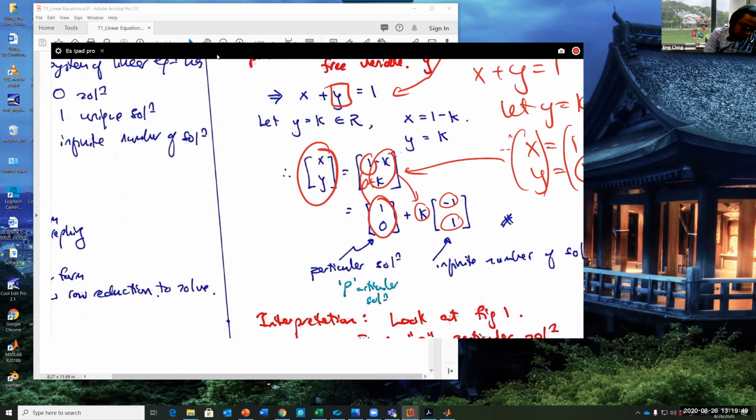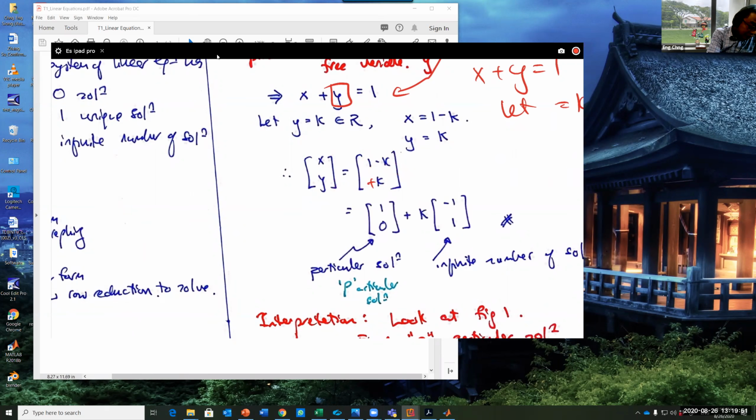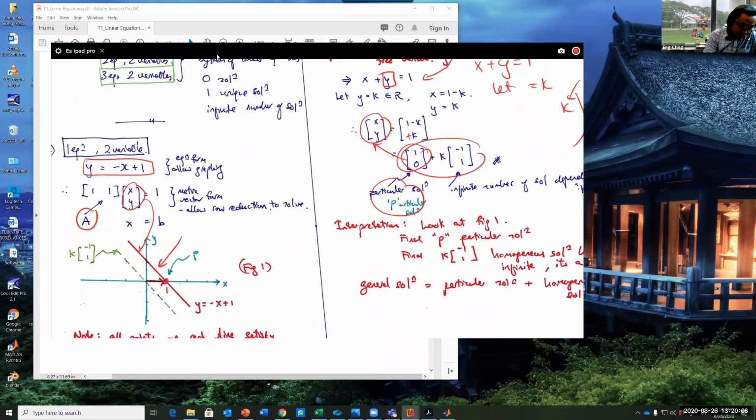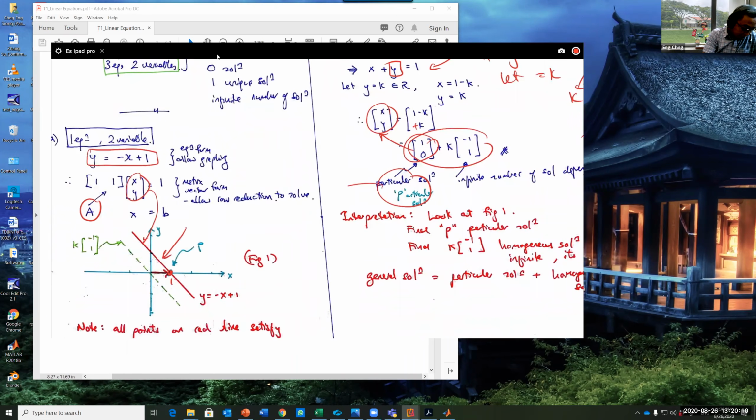Now, when you reach this, you realize that this form, describing this x, y, is the parametric form of the same line that we have played with. We interpret this first vector as the particular solution, drawn here. And this other vector allows us to stretch up and down along this line for different values of k. So that's the idea.